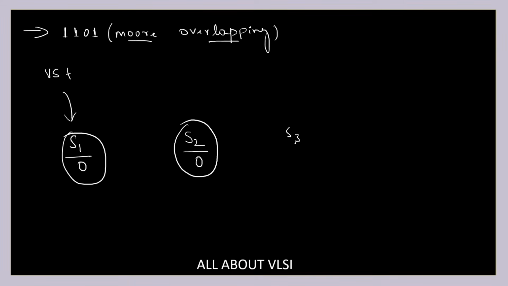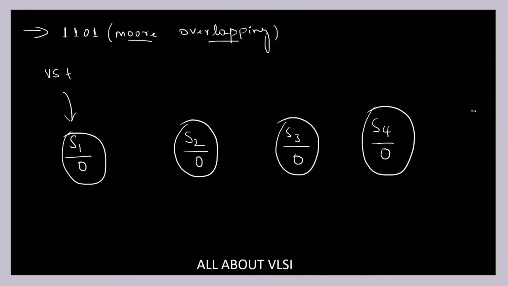S3, my output is equal to 0. Then 1, 1, 0, and lastly, for the final sequence detected, my output will become 1. So for 4 bits, I'm going to have these states and one more extra state because it's a Moore FSM.